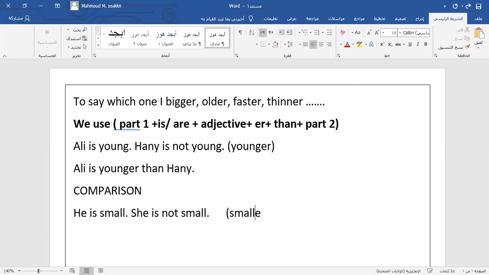Use smaller. I start with part 1, he, and then I put is, singular. Then I put the adjective, small. Then I put er. Then I put than. Then I put her. Okay. Let's have some exercises about this grammar rule.